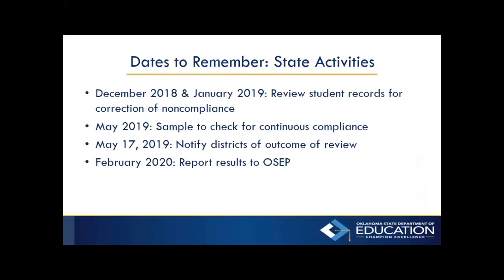In May 2019, we will do a sample check for continuous compliance. Around May 17th, we'll let you know how that continuous compliance check went specific to your district. And then in February of 2020, we report those results to OSEP.